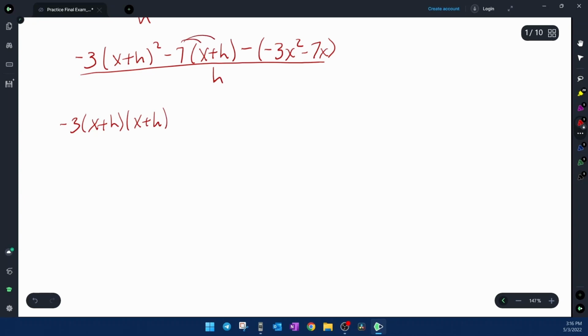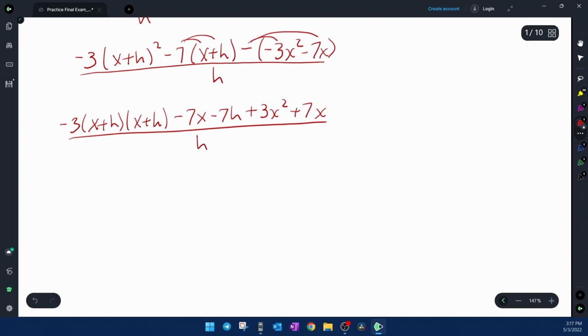We're going to go ahead and distribute the negative 7 and the negative in front of the parentheses, giving us negative 7x minus 7h. Negative and a negative makes a plus 3x squared. And again, plus 7x all over h.